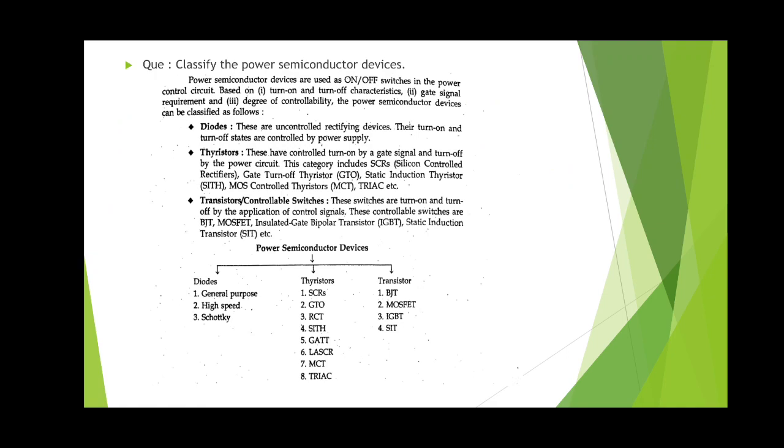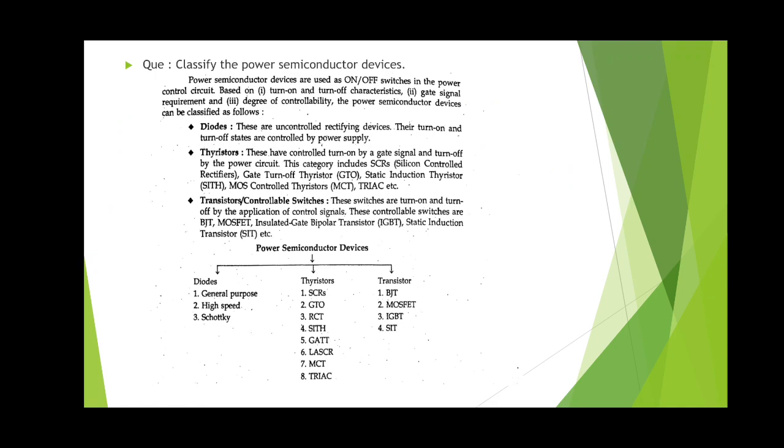Based upon the number of layers, number of terminals, the gate signal, and the turn on and turn off characteristics, the power semiconductor devices are classified into three categories. Those are diodes, thyristors and transistors. Diodes are two terminal PN junction devices. Diodes are uncontrolled rectifying devices.